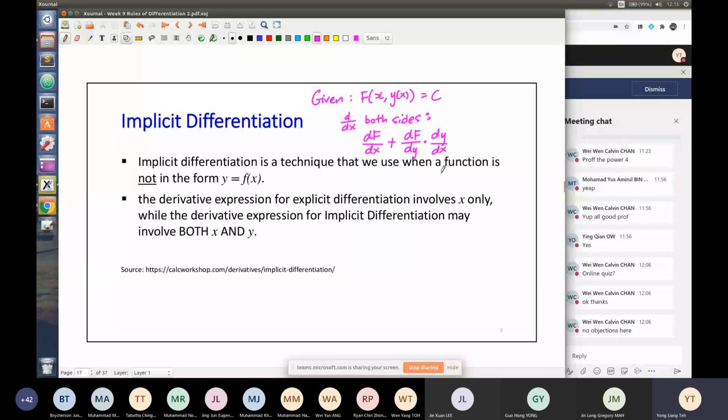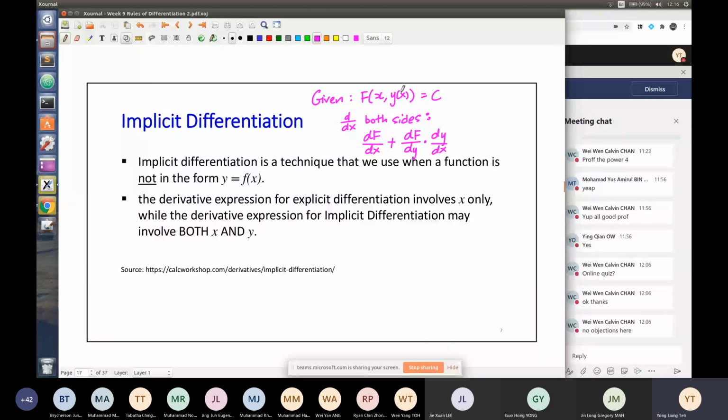So effectively, if you look at this left-hand side, you are actually summing up, accounting for both the changes in f due to x and due to y respectively. So the first term here is actually the change in f due to changes in x itself. But not to forget, when x changes, it causes y to change.